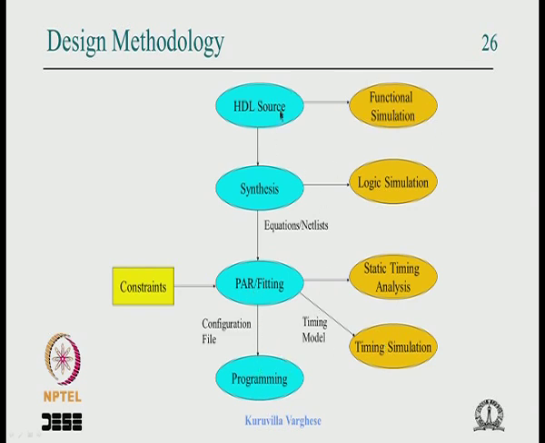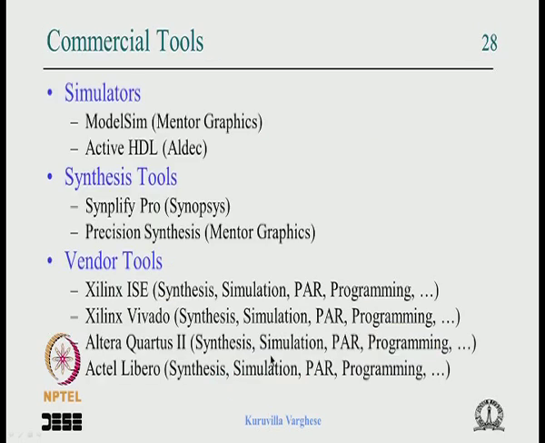Iteration is possible at each stage: you iterate here, then you come down, iterate through static timing analysis, then ultimately iterate through timing simulation, then program it. We have seen the commercial simulators, commercial synthesis tools and vendor tools which have everything in them, quite good.